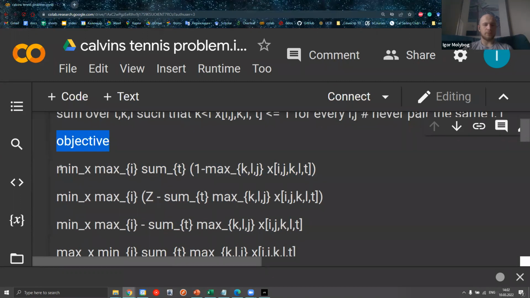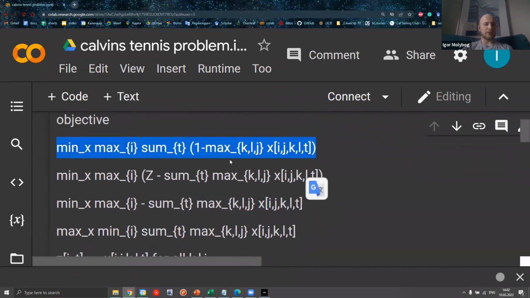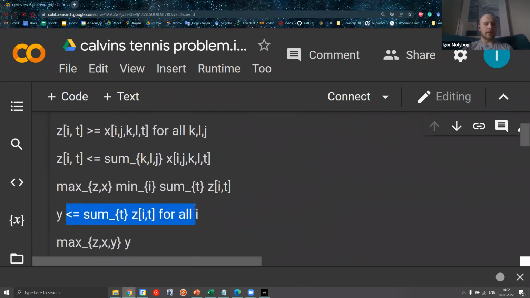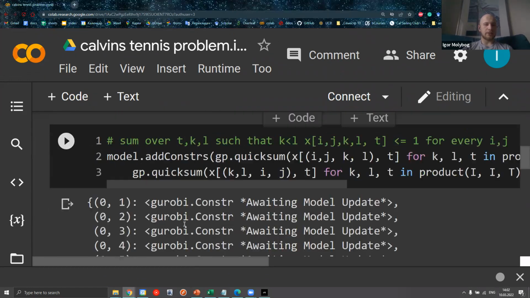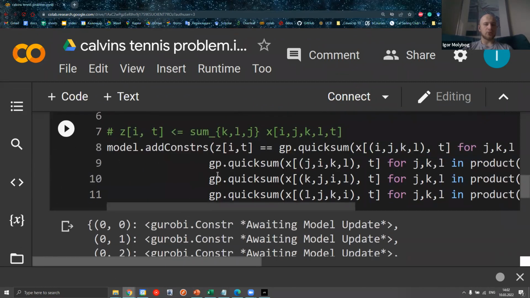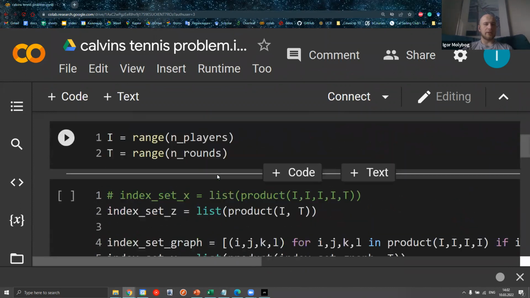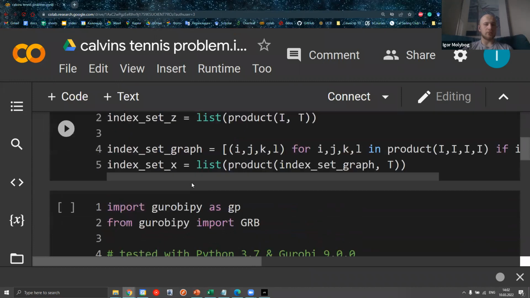It's quite weird and non-trivial how you construct this objective, but eventually you reformulate it as a linear objective function. I will share this file with you if you want, and you can see exactly how to put this into code, and you can reason yourself.